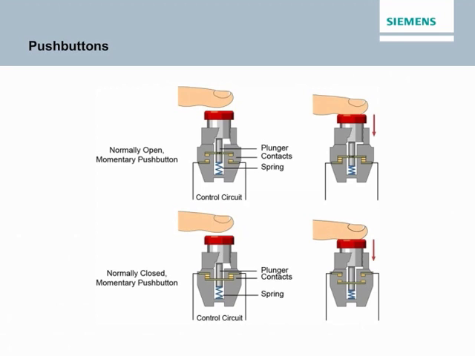However, push buttons with normally open or normally closed maintained contacts are also available. Push buttons are available with various contact configurations. For example, a push button may have one set of normally open contacts and one set of normally closed contacts. This allows the push button to function as a normally open push button or a normally closed push button, depending upon which set of contacts are connected into the control circuit.